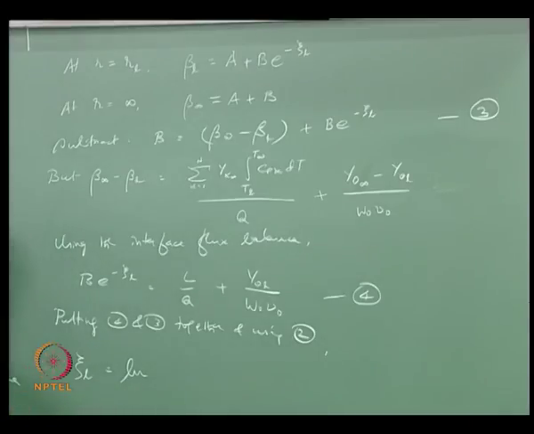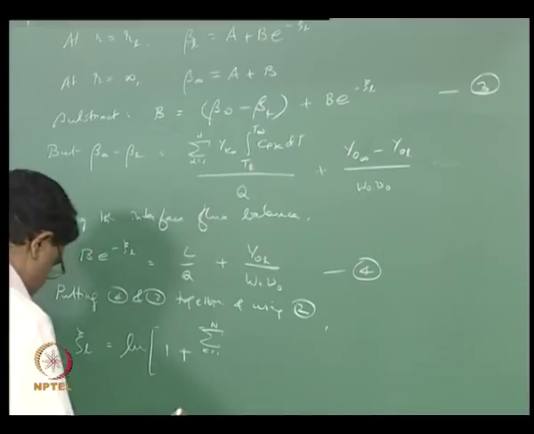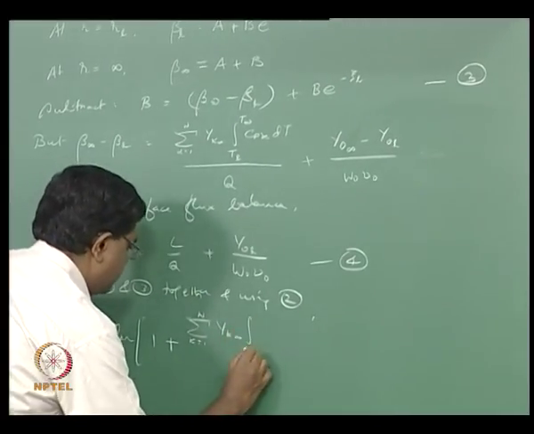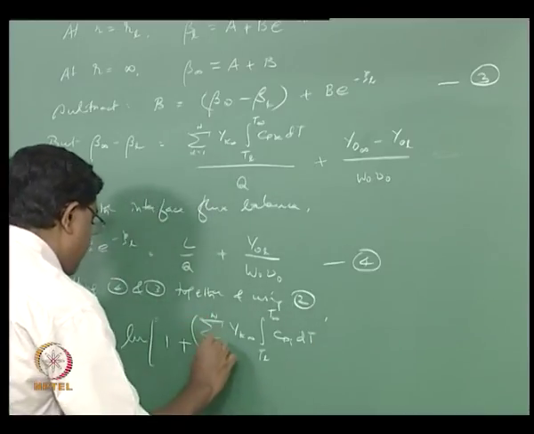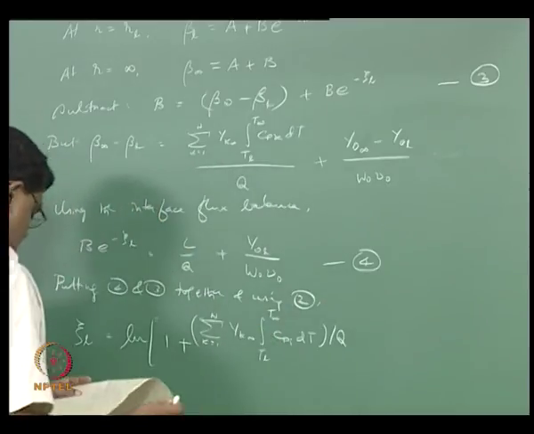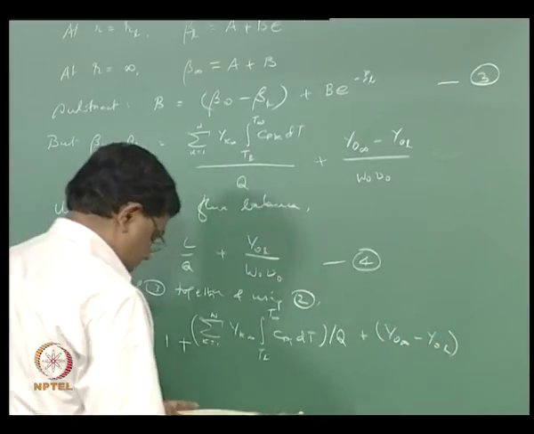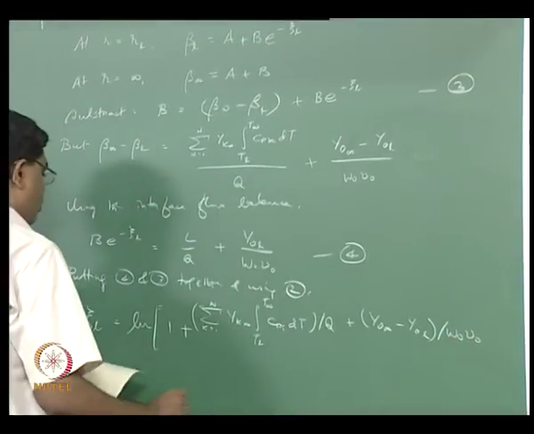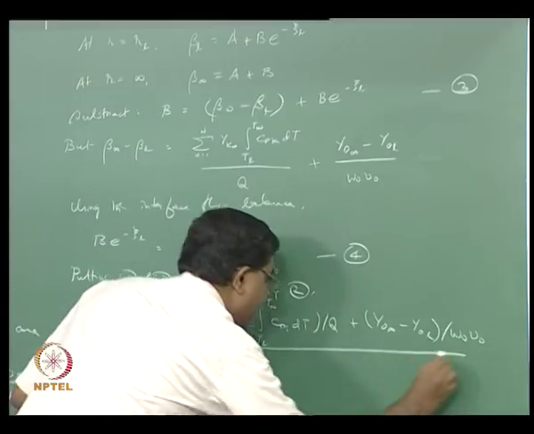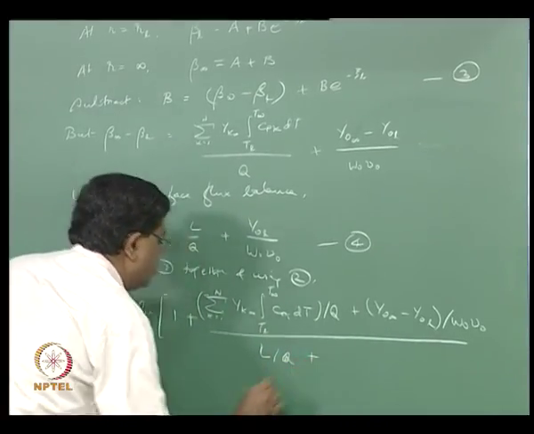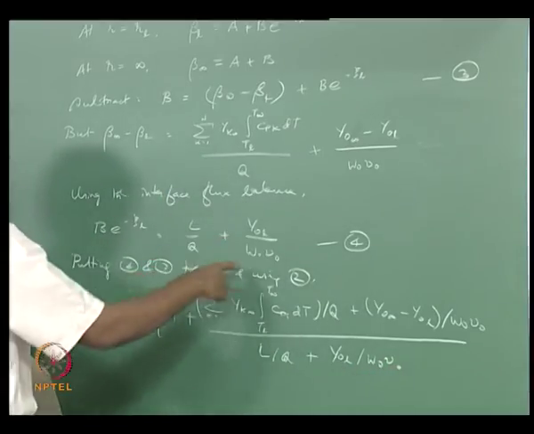So natural logarithm of 1 plus sigma k equals 1 to n yk infinity integral TL to T infinity CPI dt divided by Q plus YO infinity minus YOL divided by WO nu O. So that's coming from here, divided by L over Q plus YO L divided by W nu O, that's coming from here.